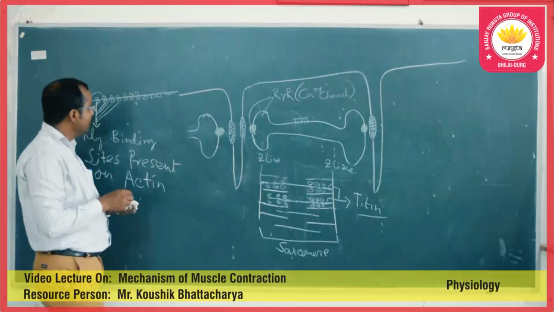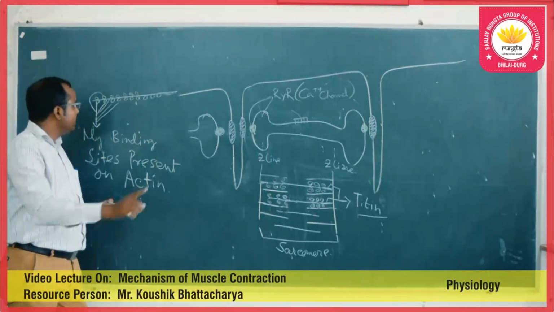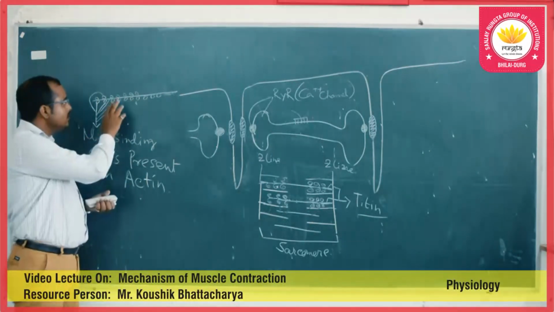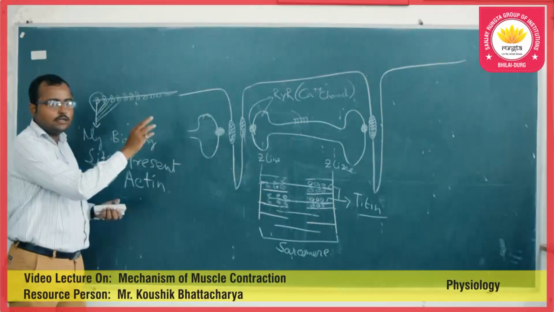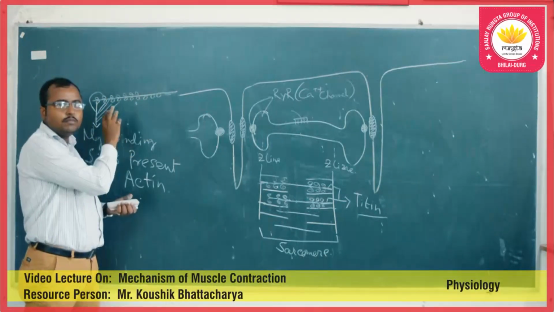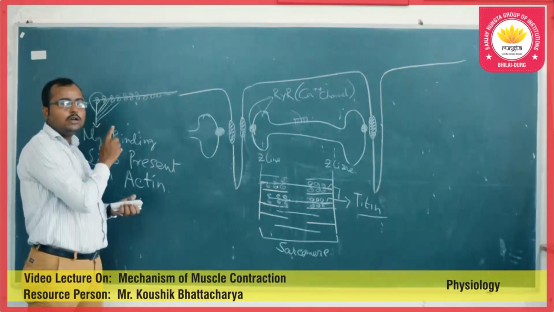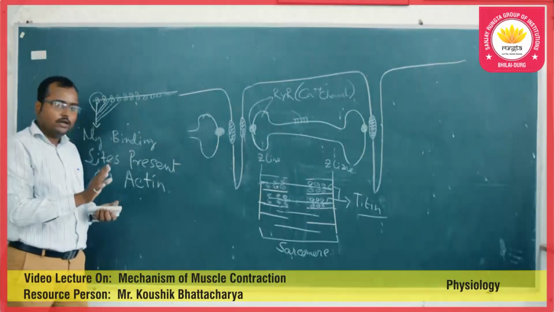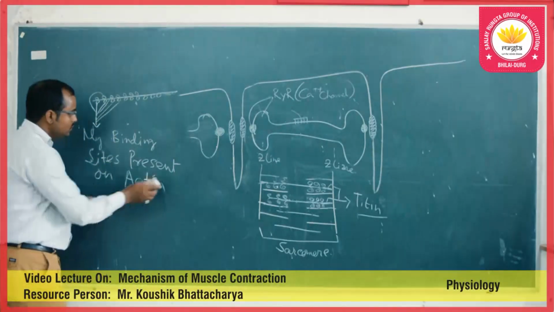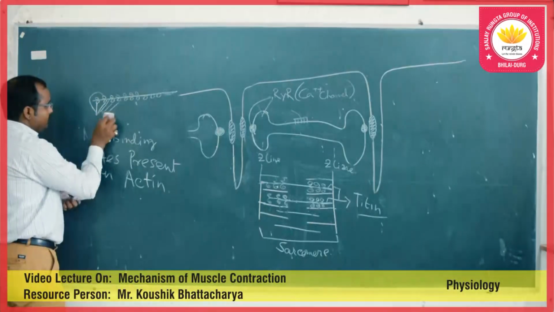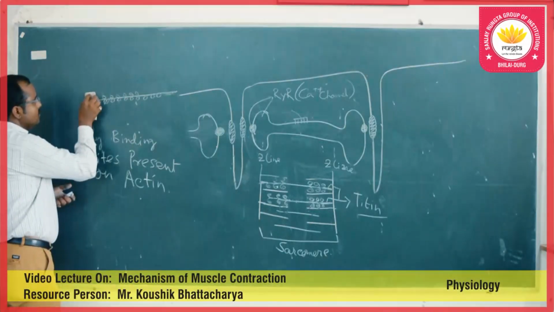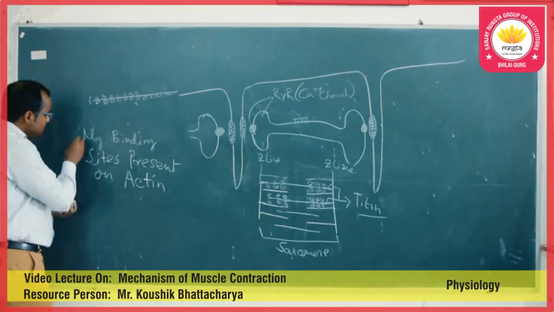Clear up to this part? So the first structural integrity on the actin is the myosin binding site. These myosin binding sites are present on the actin surface, right? Up to this part clear? So this is the first thing.